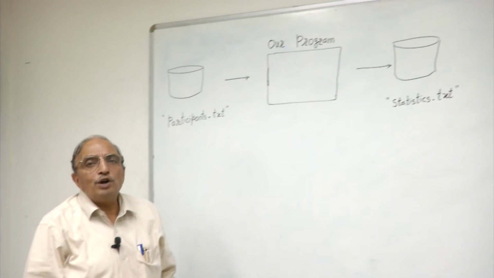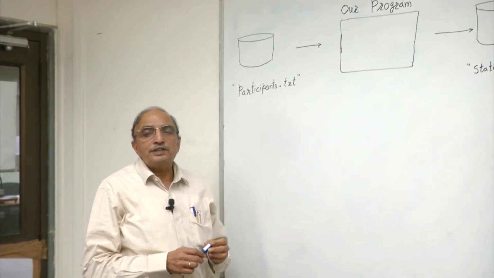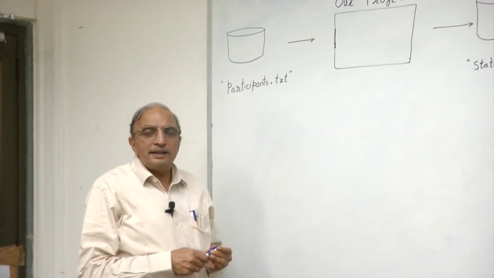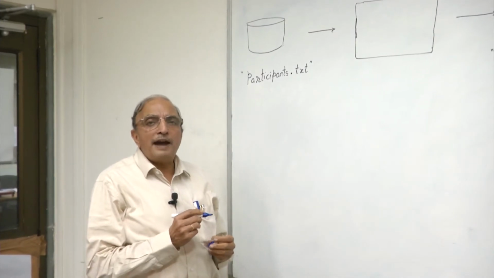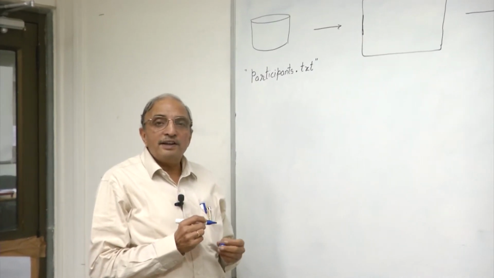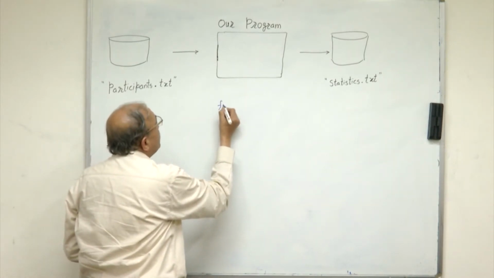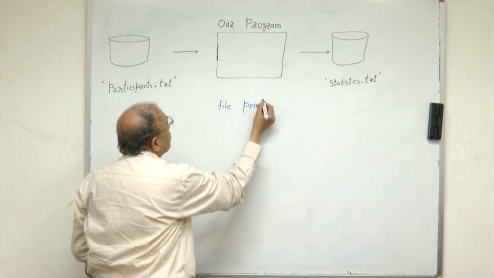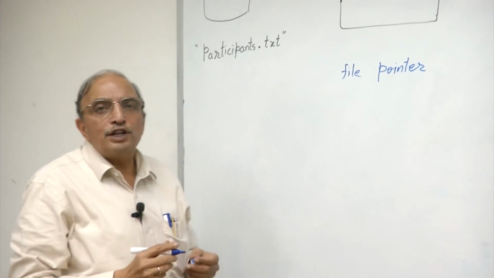In this session, we are going to look at the facilities available in C++ to handle such external data. To begin with, inside a C++ program, a file is declared as a special pointer called a file pointer. We can choose any name for this pointer.